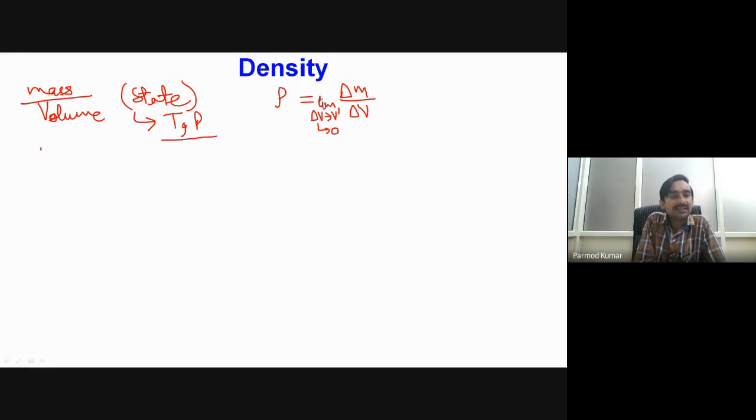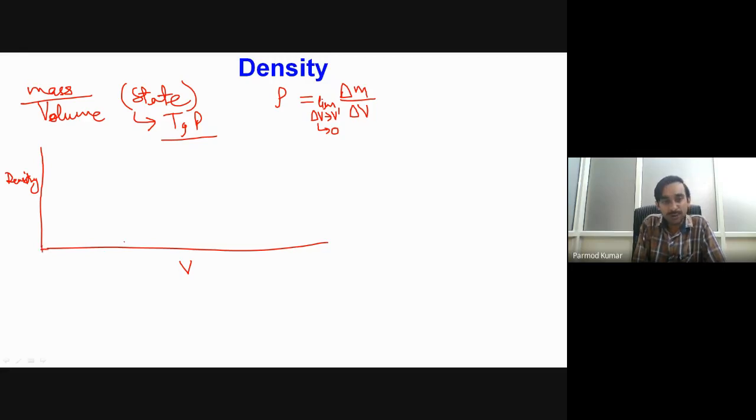Let us consider that on one side we have density and on the other side we have volume. What will happen when our volume is below some critical limit of volume, which is represented by V dash?